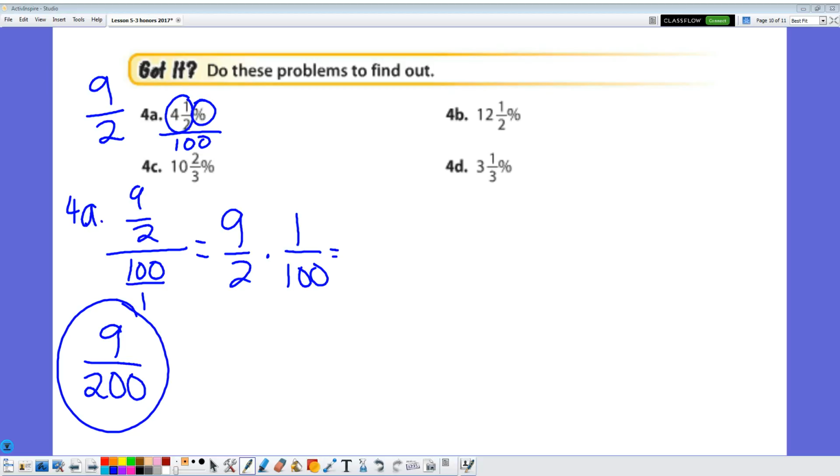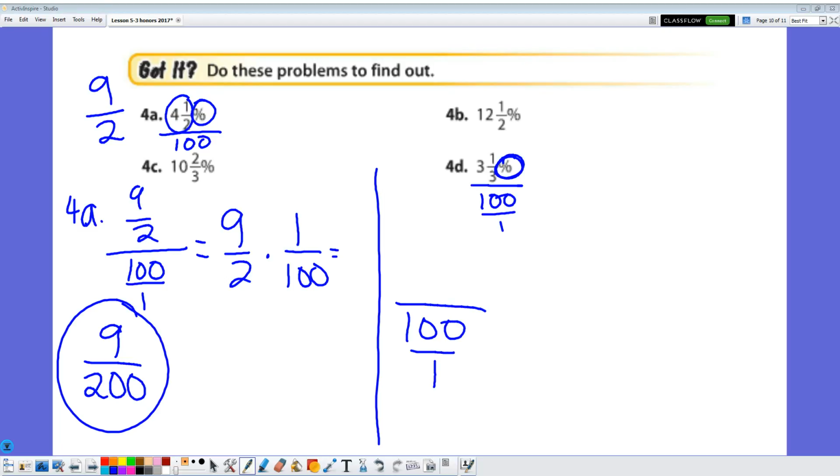That was 4A. Now I'm going to do 4D over here. Again, a percent means over 100. So that's really 100 over 1. And 3 1/3, right? If I make this improper, I'm going to keep my denominator. 3 times 3 is 9. 9 plus 1 is 10.